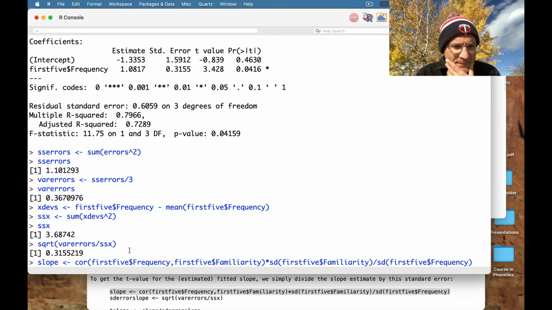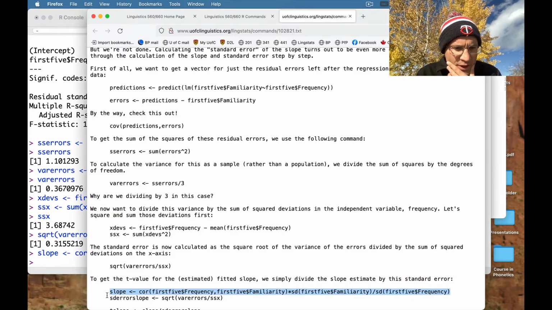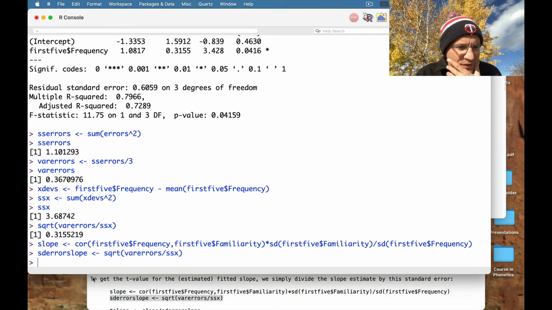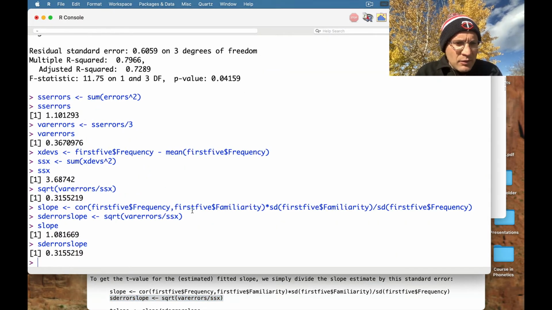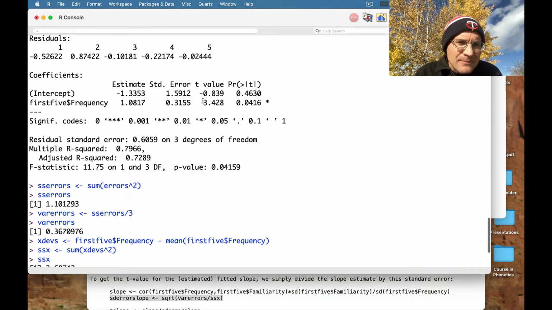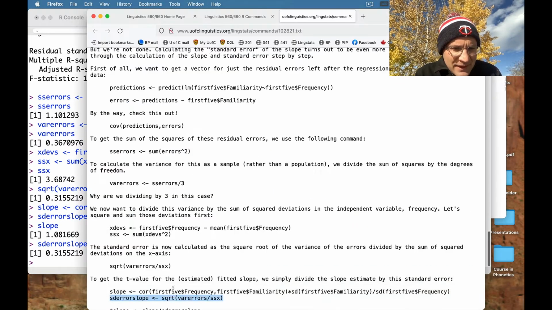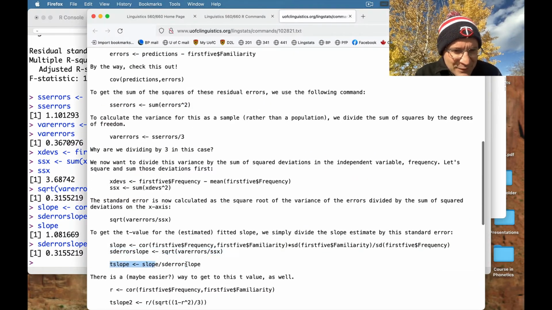So we've been through this before, but if I want to put these two quantities into variables, I have to call them slope and standard error of slope. They're the exact same values we saw up here in the table. And to calculate what comes next in the table, this t value, I divide the estimate by the standard error. And that gives me something I'm going to call t-slope.